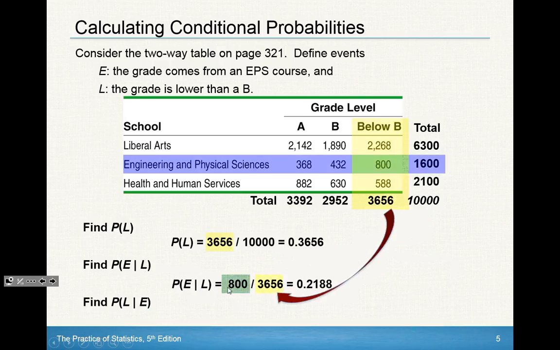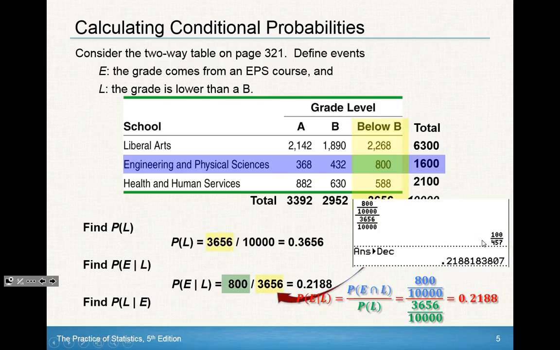The green here comes from anyone who was in the EPS class and got lower than a B, so that's your 800. But notice that they're only dividing by the 3,656, because it's a given that you got below a B. We don't even consider the A or B grades in the class. So we're not doing it out of 100,000. We're only doing it out of the 3,656.